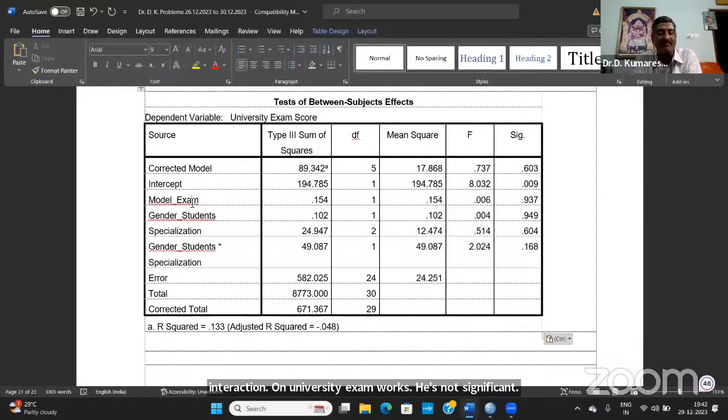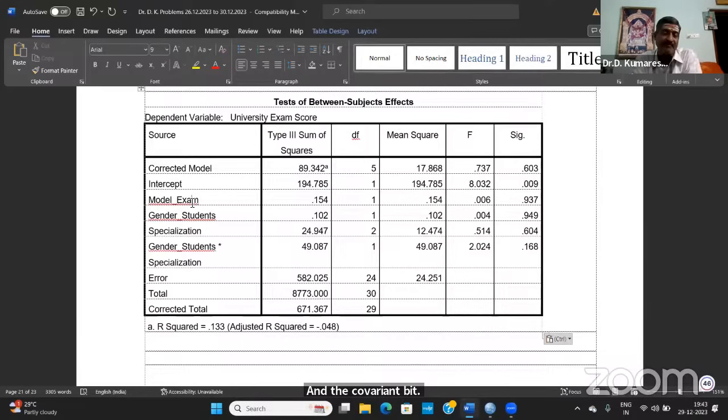Look at the R square. 0.133. That means 13.3% of university marks alone has been influenced by these independent variables and the covariate variable.